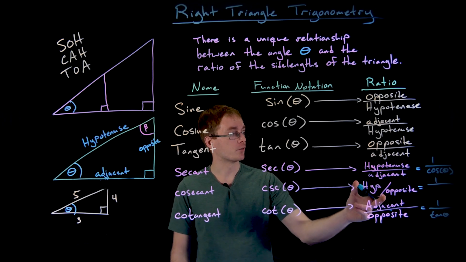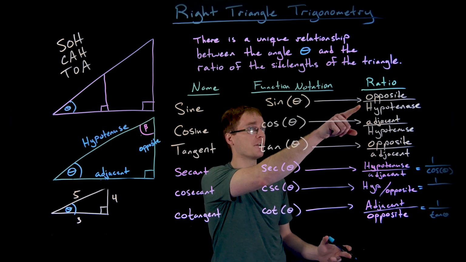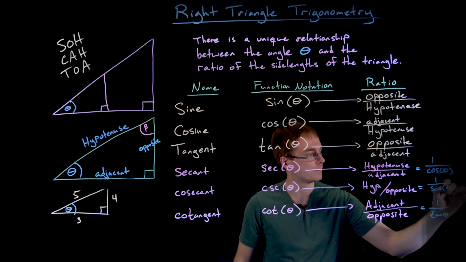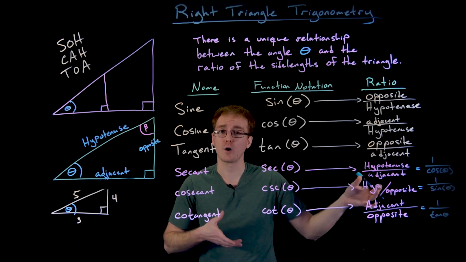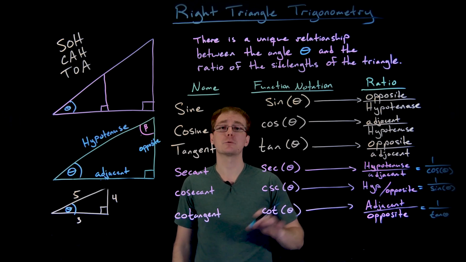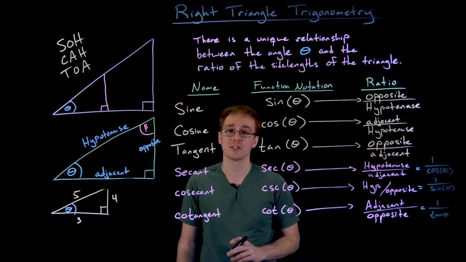Cosecant is hypotenuse over opposite. If we flip that over or take the reciprocal, we'll get opposite over hypotenuse. That is our sine function. So cosecant of theta is equivalent to, or can be interchanged with, 1 over sine of theta. And all these reciprocal identities work in the opposite direction as well.